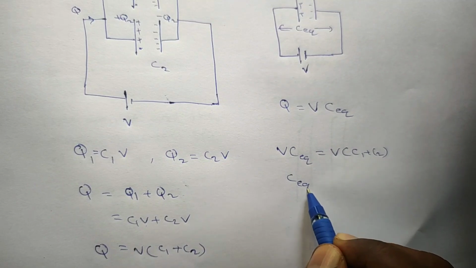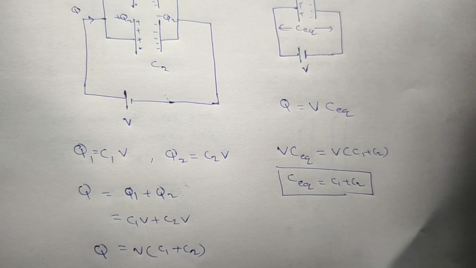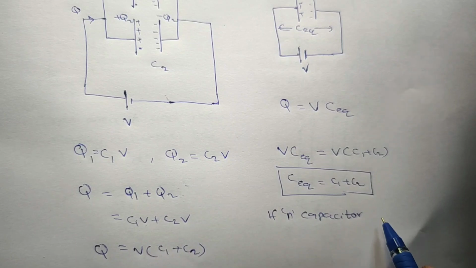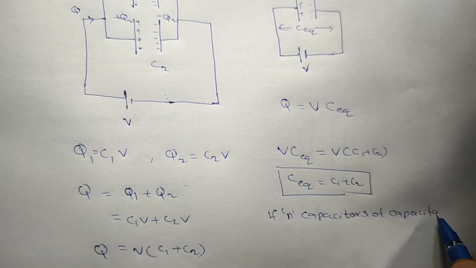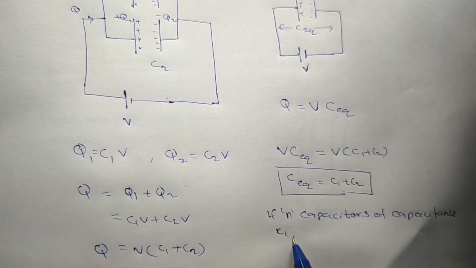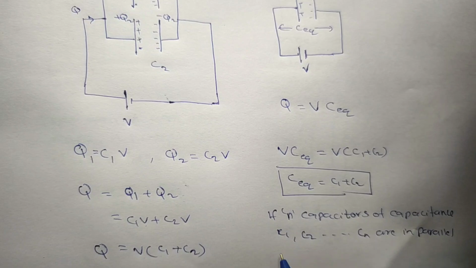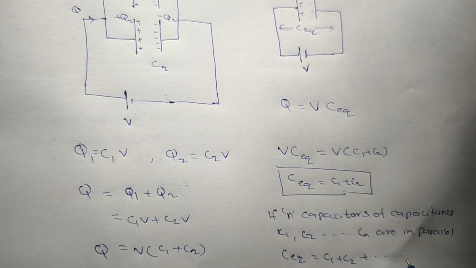Clear? So C equivalent is equal to how much? C1 plus C2. So this is the capacitance of capacitors connected in parallel. If n capacitors of capacitance C1, C2, up to Cn are in parallel, then the equivalent capacitance is equal to C1 plus C2 plus up to Cn.